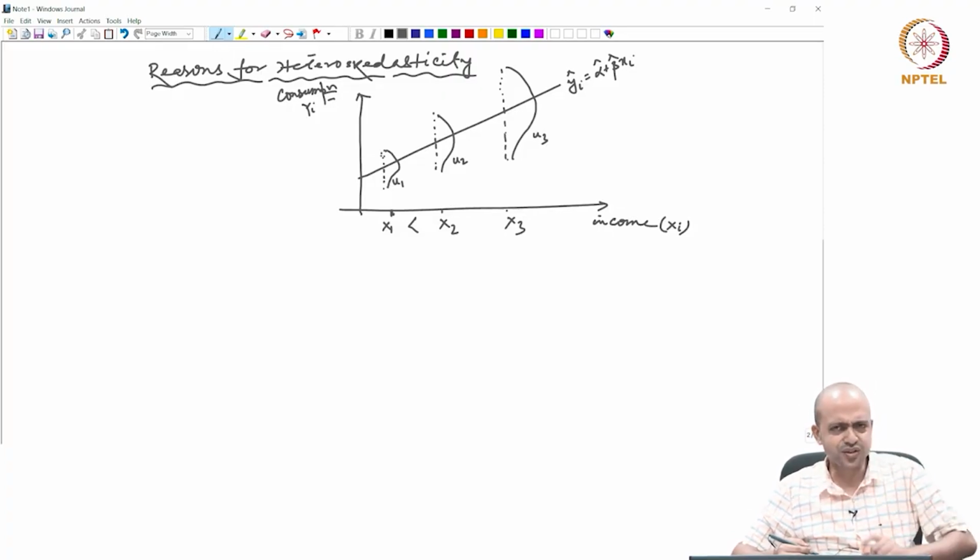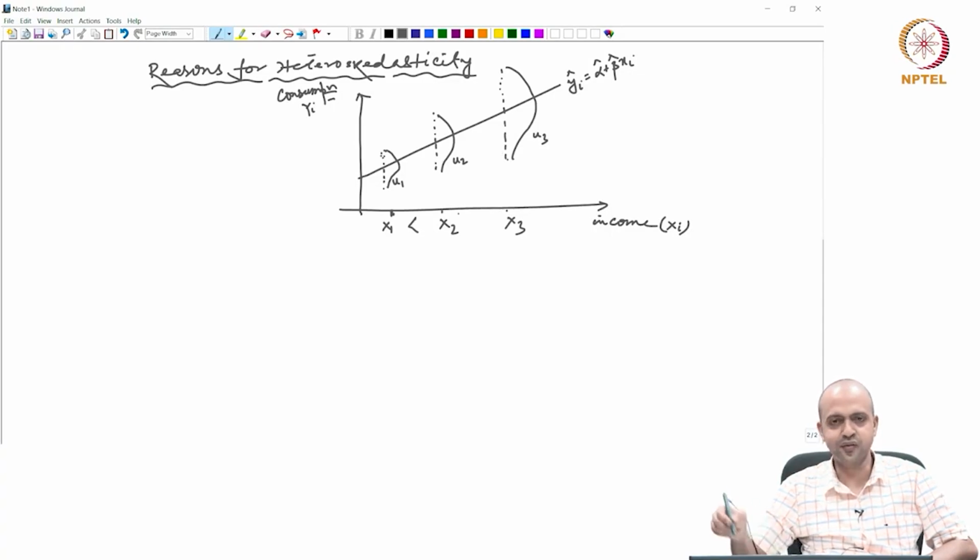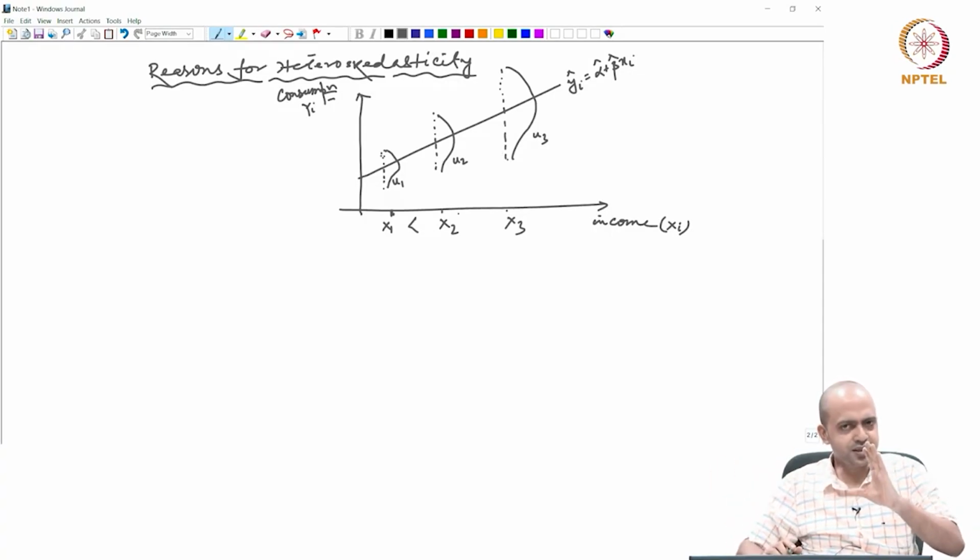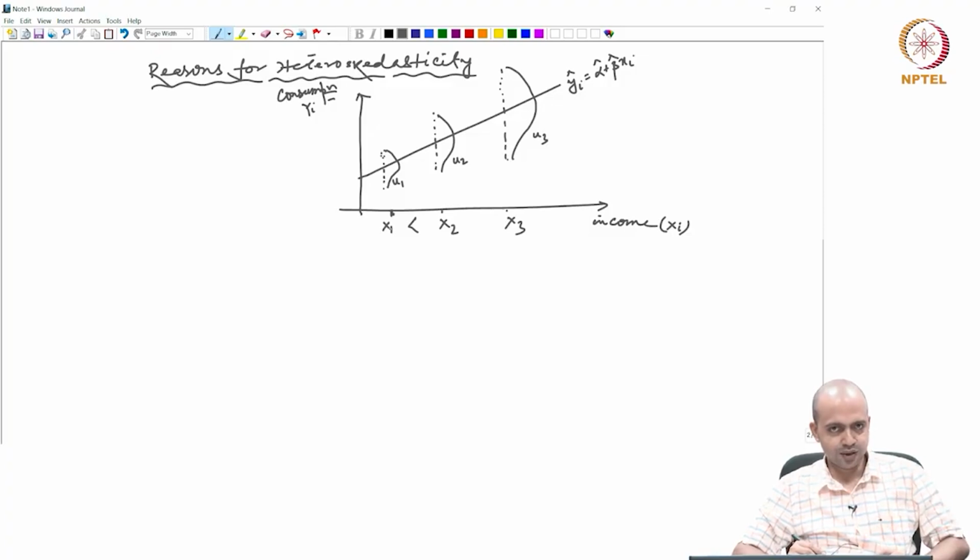But the question is, why is this error variance increasing instead of being constant at different levels of income? The reason is very simple. When the individual's income level is very low, you can predict very well the consumption pattern of the individual.